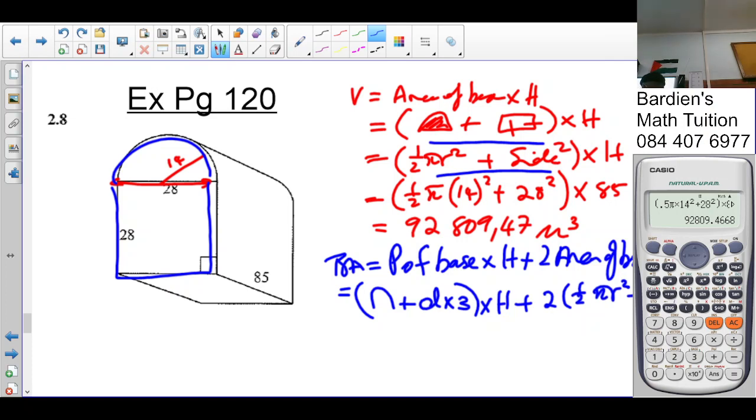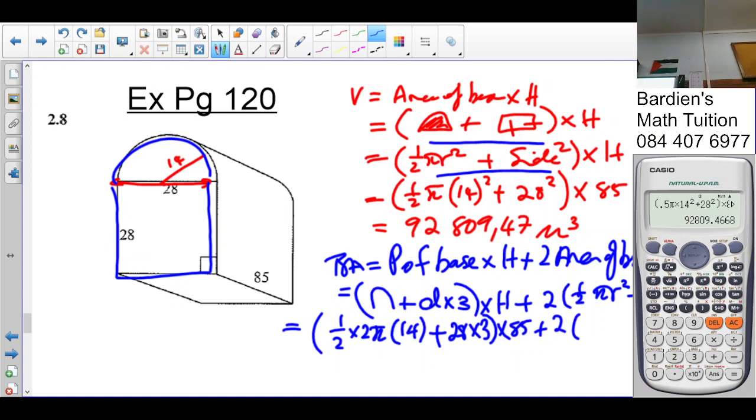Okay. So that will be simply, how do you calculate the circumference of a circle? 2 pi r, but it's half of it. It's half times 2 pi, and my radius is 14, plus the distance here around it is 28 times 3, times the height, which is 85, plus.